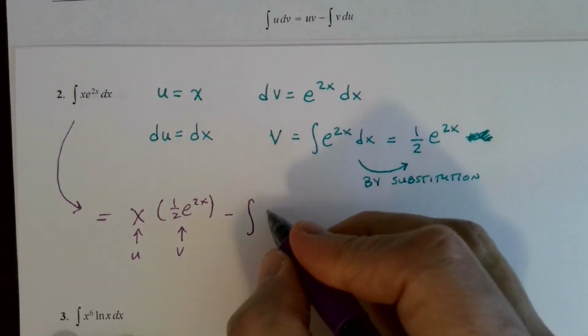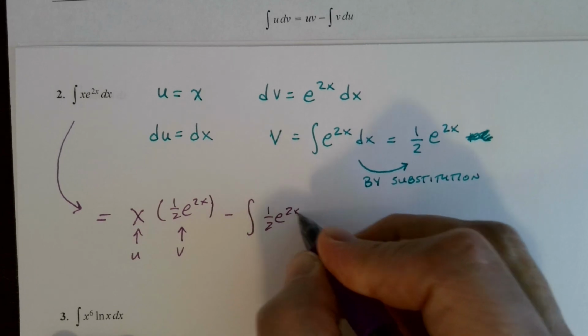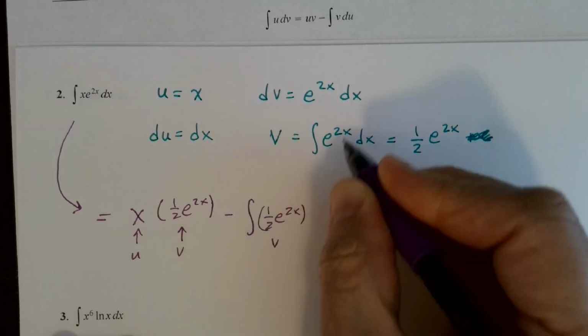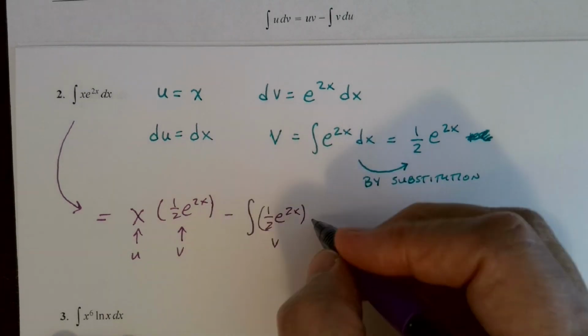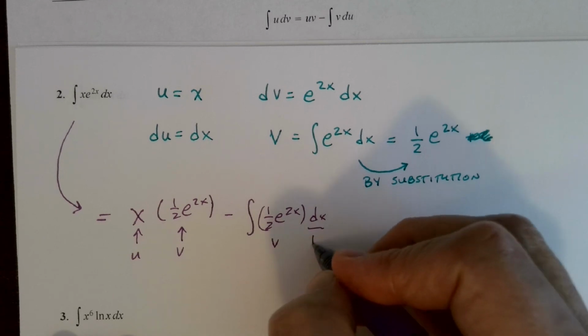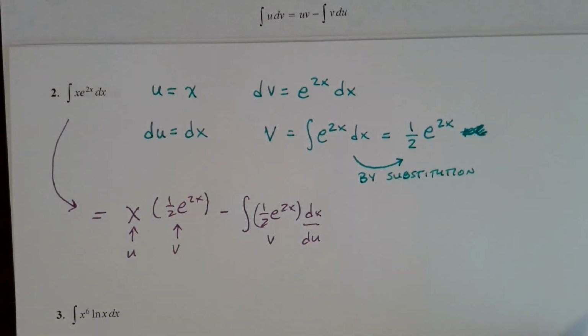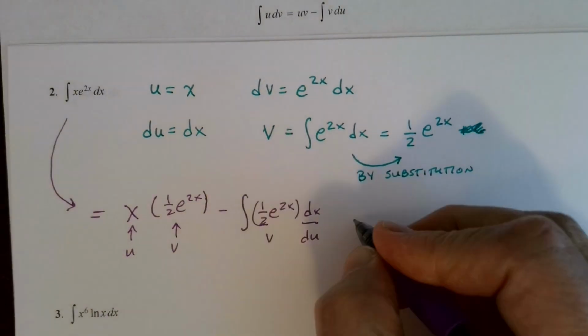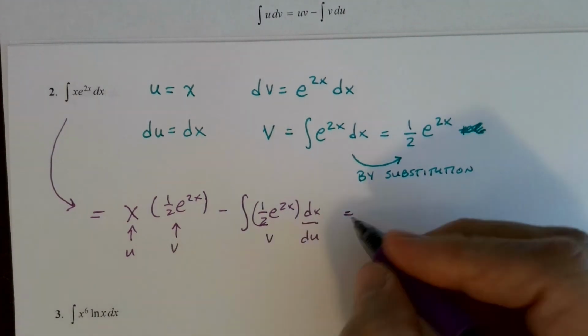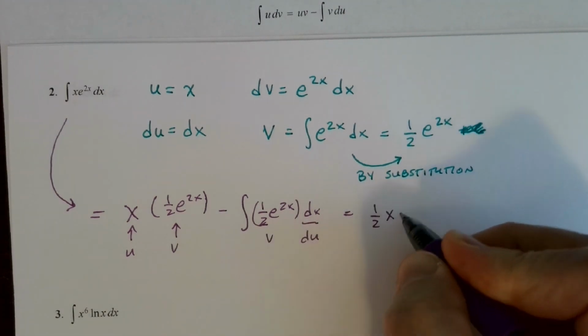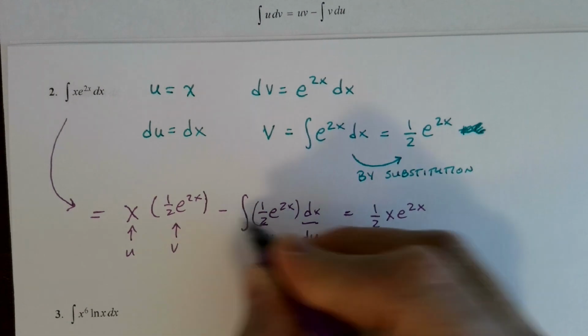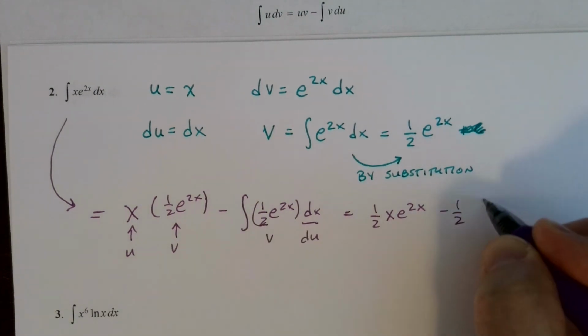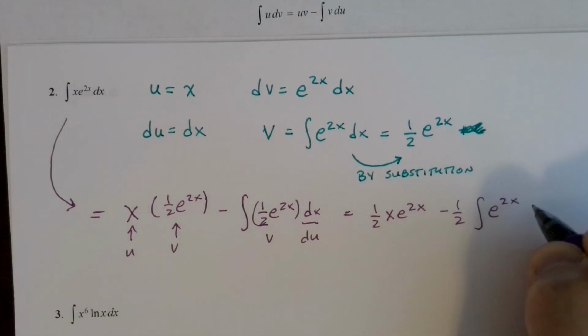V is 1/2 e to the 2x, and then the du is just dx. So cleaning this up a little bit, I've got 1/2 x e to the 2x minus, let's pull that 1/2 out, the integral of e to the 2x.